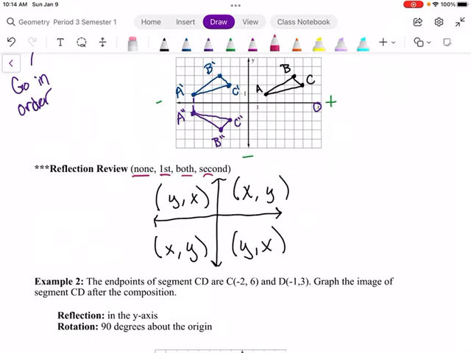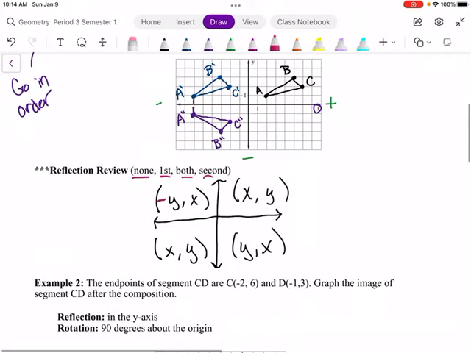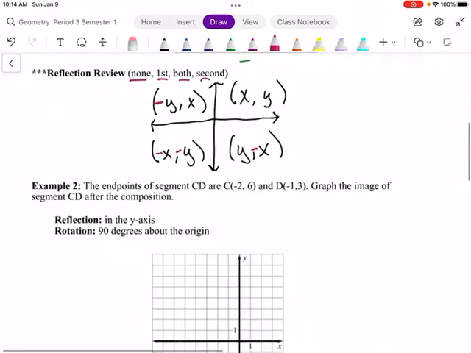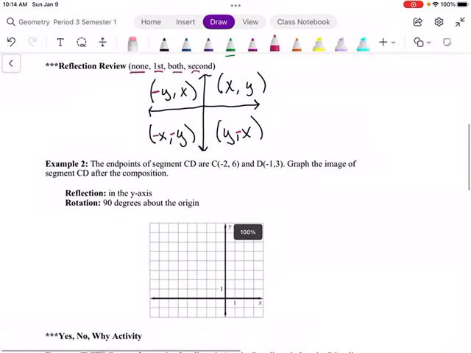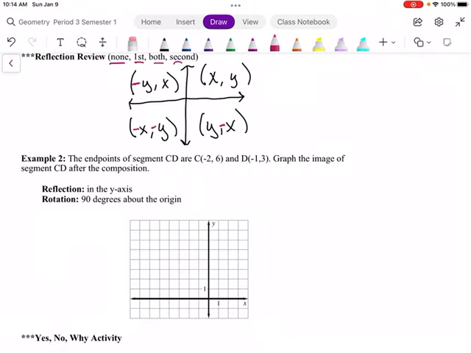So in this first quadrant, there are none that are negative. In the second one, the first one is negative. In the third one, they're both negative. And then the second one is negative. So it goes none, first, both, second. So that rule might come in handy on our next example.